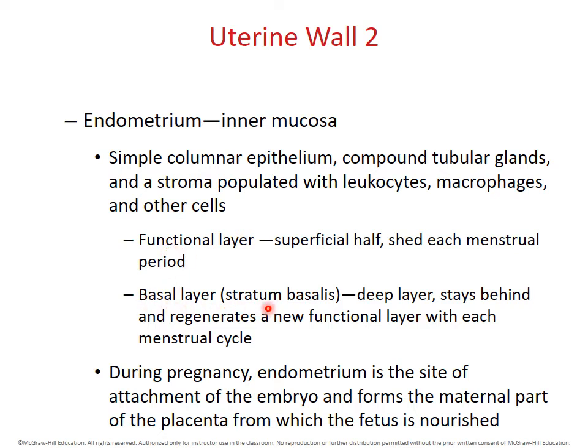The basal layer is the deeper layer of the endometrium, which is closer to the muscle, the myometrium, and this layer does not slough off. This is the layer that stays behind, and following menstruation will regenerate a new functional layer, again on a 28-day cycle. And we're going to talk quite a bit about this 28-day cycle in just a bit.